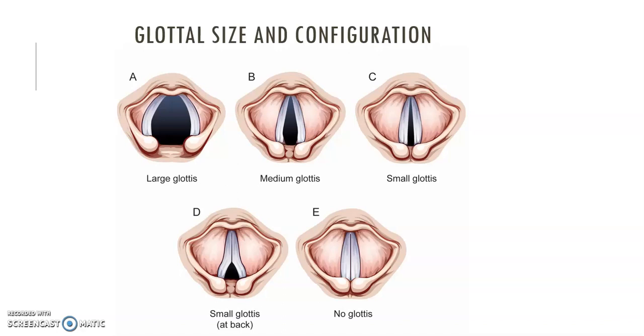The little triangle at the base of the D illustration is sometimes called the whisper triangle. So you do have air opening, but it's not as open as in some of the other cases. The final one has no glottis. Remember, glottis means the opening. So for that reason, there is no opening in that one.